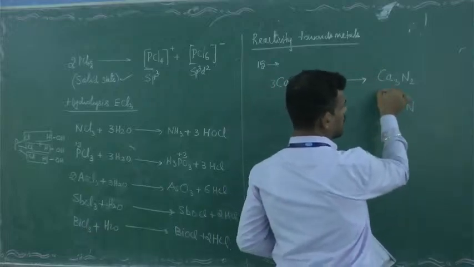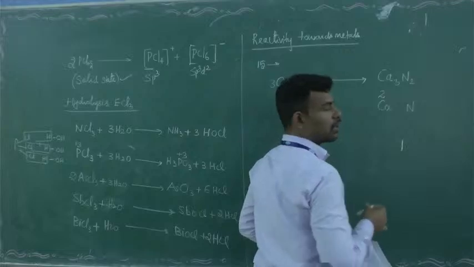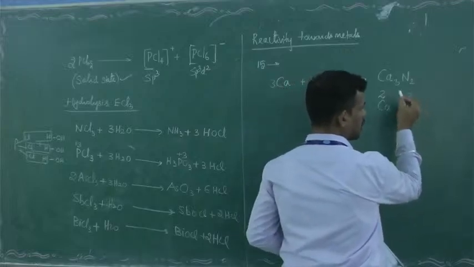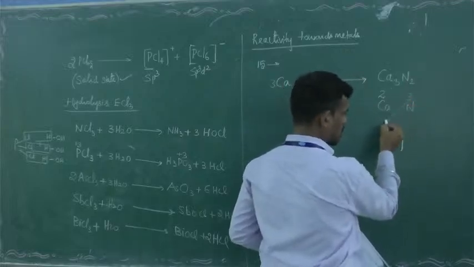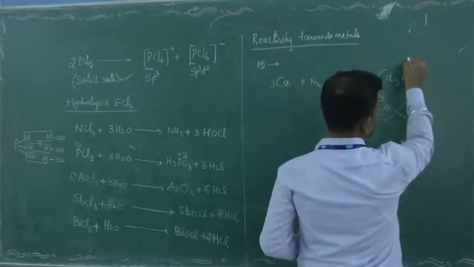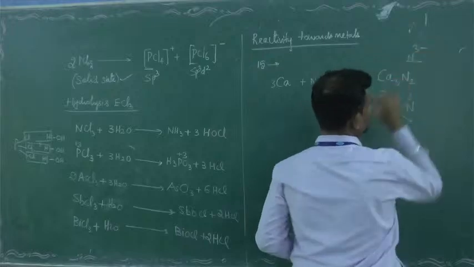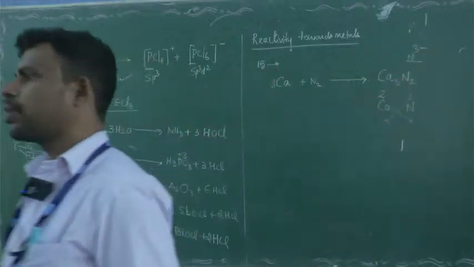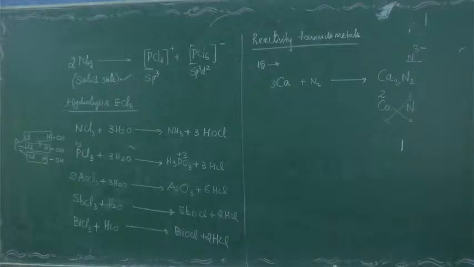What is the valency in this case? Calcium is 2. What about the valency of nitrogen? It is 3. We just crisscross. This oxidation state is N3-, which you can call a nitride.